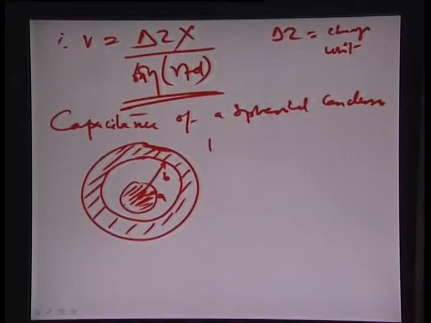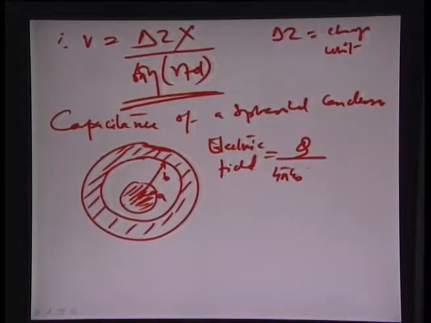So the electric field in this case, or as a matter of fact in any case, would be given by q by 4 pi epsilon naught r squared, right. That is how the electric field is represented.